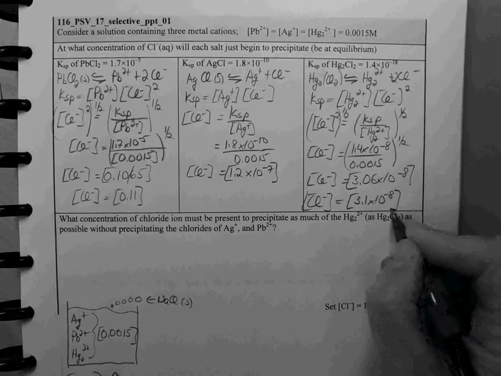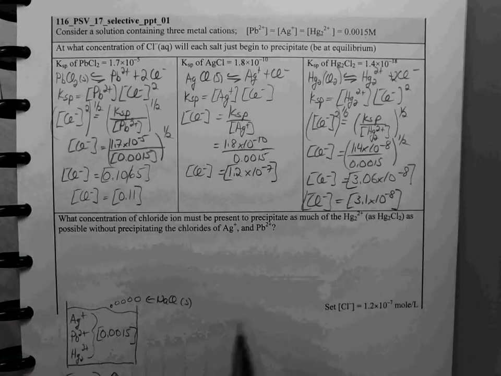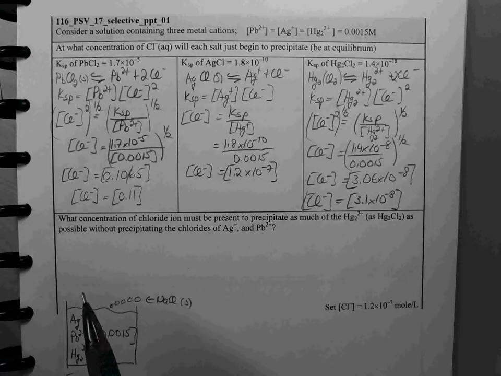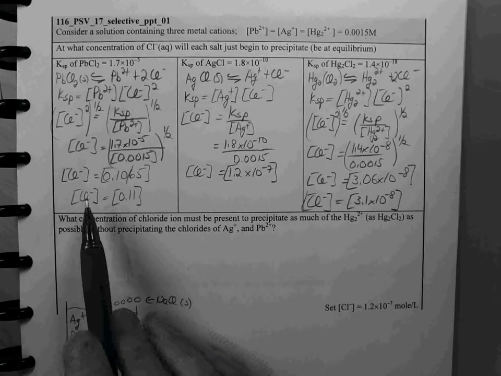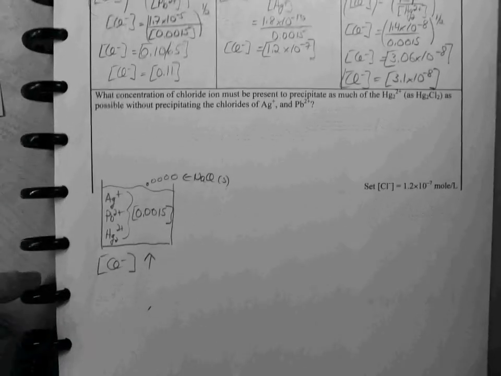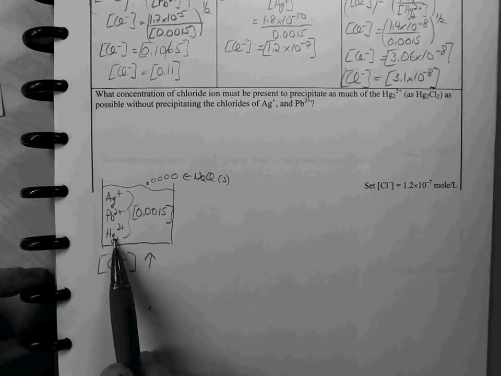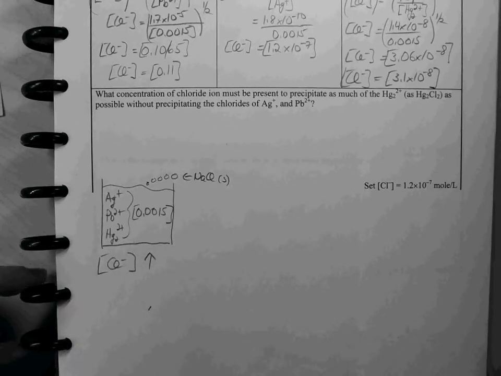Okay, so we have the ion concentration within 2 sig figs for each of these metal ions in solution. So these are the concentrations of the chloride ion that have to exist for each one of these ions to be in equilibrium with its chloride.